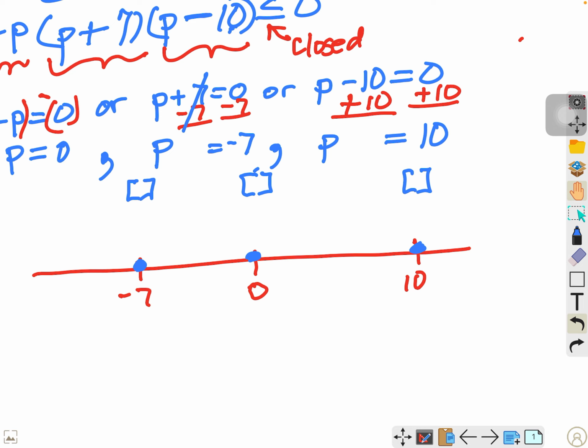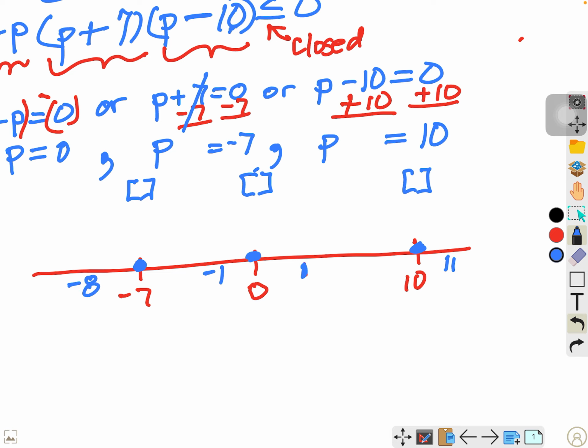So now, 4 sections to test. A number between 0 and 10, easiest number, 1. To the right of 10, 11. On the other side of 0, -1 will work. And to the left of -7, we're going to try -8.